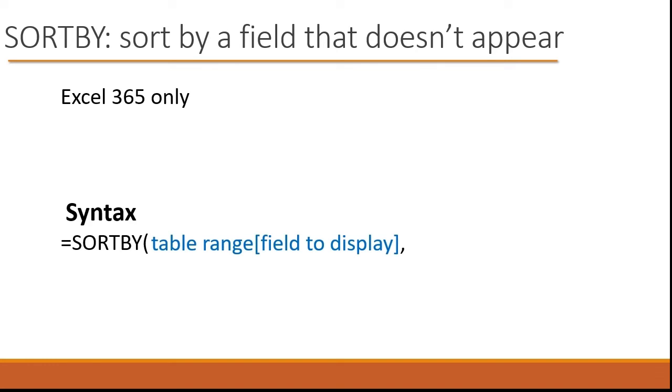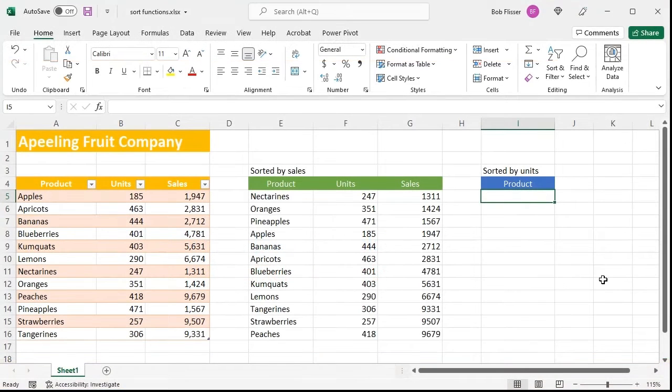The first argument is the table range we're looking at, and then in square brackets, what field we want to display on the sheet. Now, you literally put in the square brackets. This is not an optional part of the syntax. Comma, and then the second argument is the same table range, and in brackets, the field that you want to sort by.